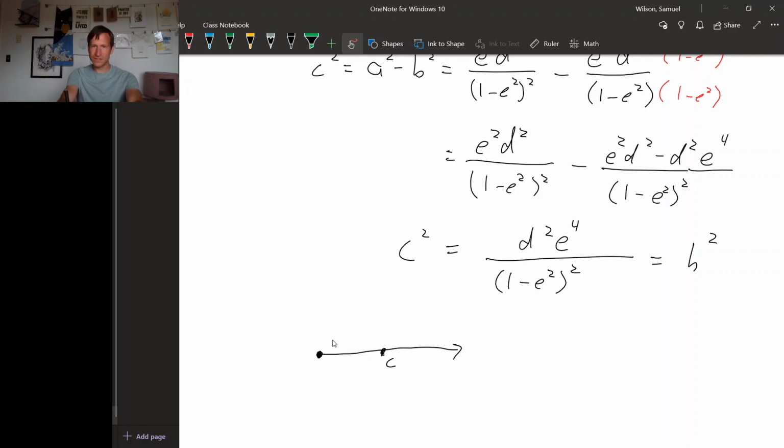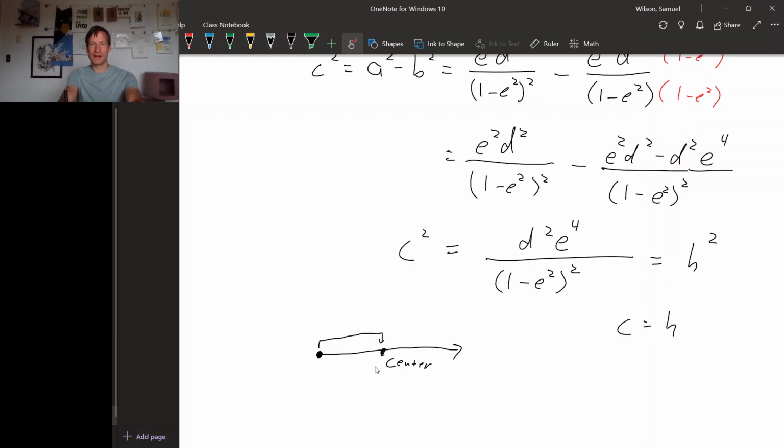an unshifted ellipse has its center at the origin, but our ellipse has been shifted over to here, but also the focal radius is equal to this shift, it looks like. So since c squared is equal to h squared, that means c is equal to h.